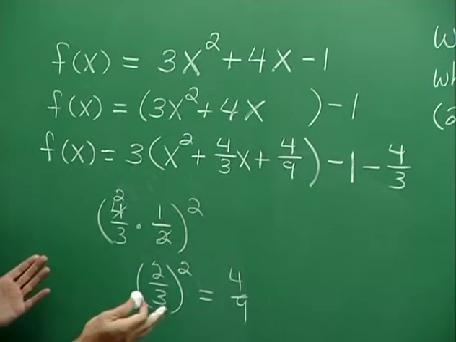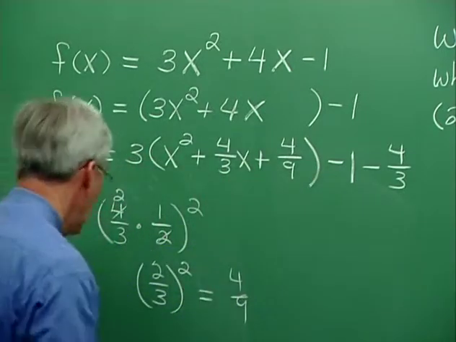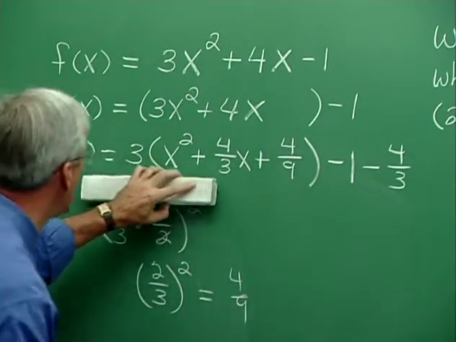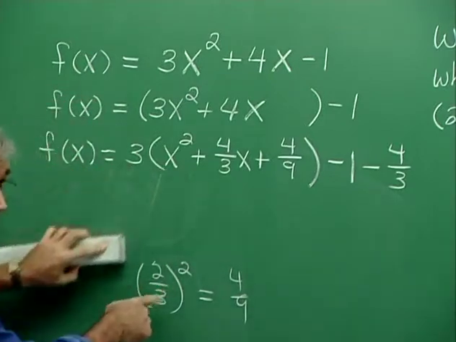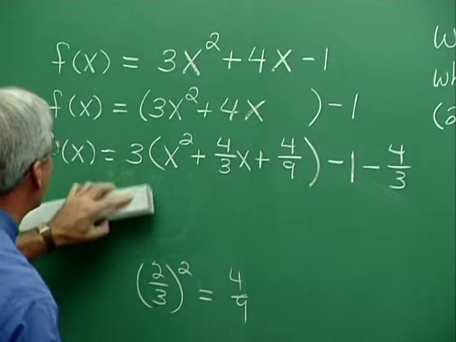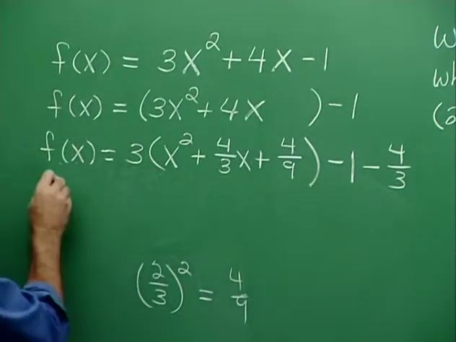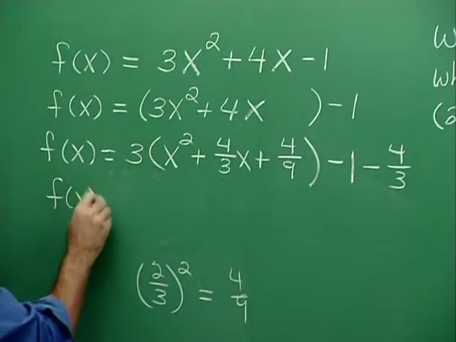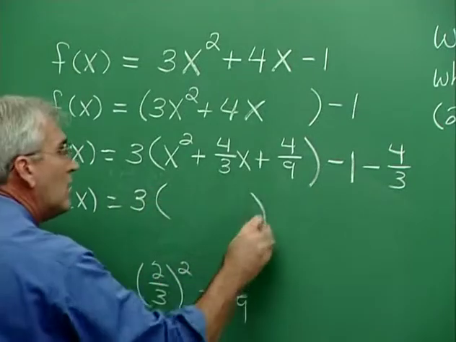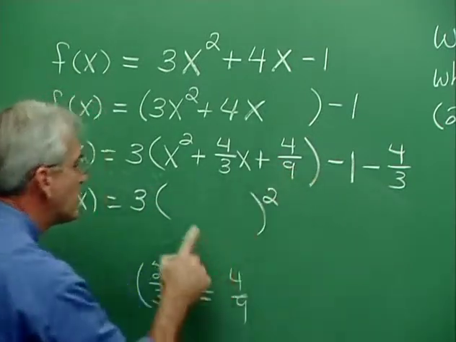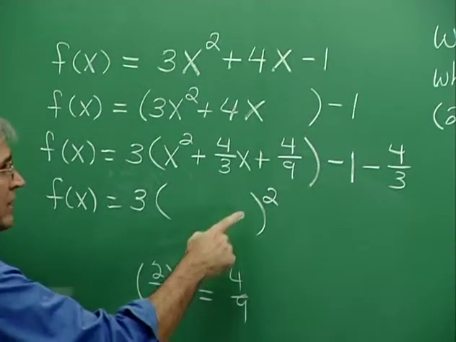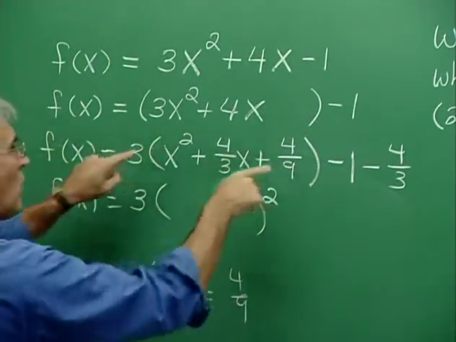Now the next challenge is to factor. Well, that's not a real big deal if we keep track of the amount that we squared down here to add in. Here's what I mean. I've got 3 times, now, the amount squared. You see, it's a binomial, and this is a trinomial square.